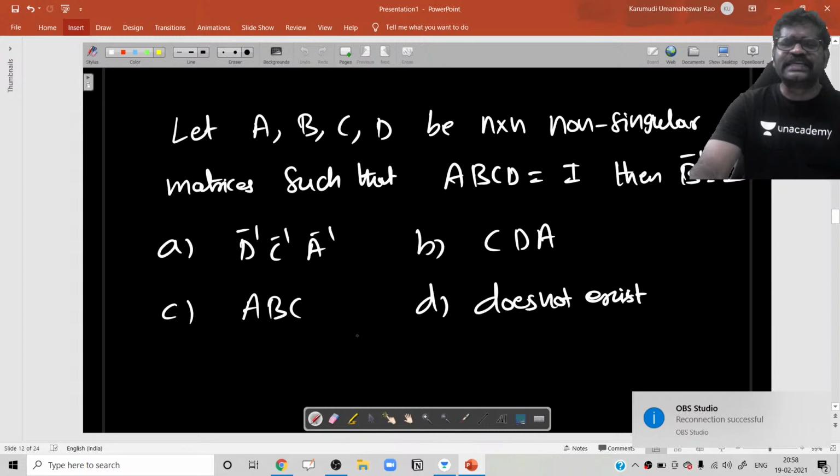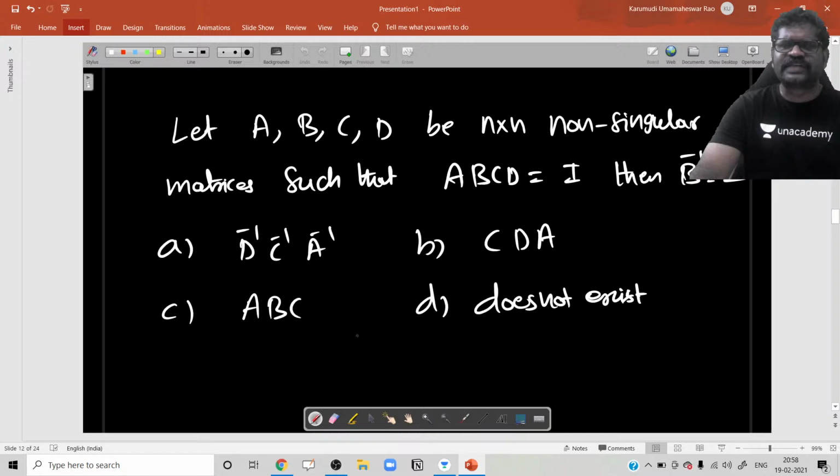A, B, C, D are non-singular matrices such that A B C D equal to I, then B inverse is? We have one trick to find out B inverse.